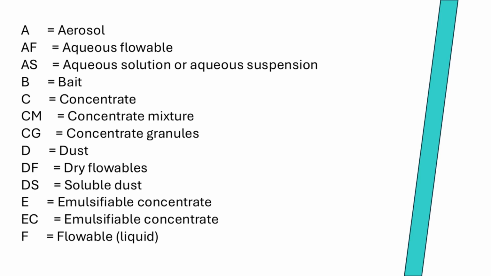A equals aerosol. AF equals aqueous flowable. AS, aqueous solution or aqueous suspension. B equals bait. C, concentrate. CM, concentrate mixture. CG, concentrate granules.